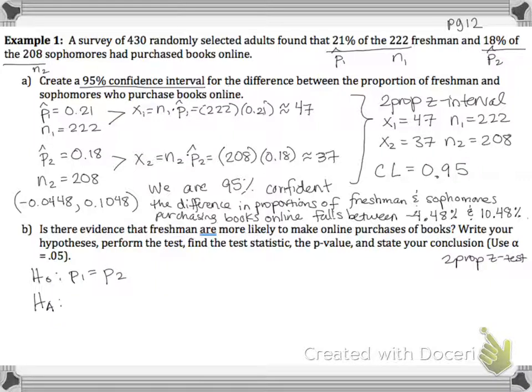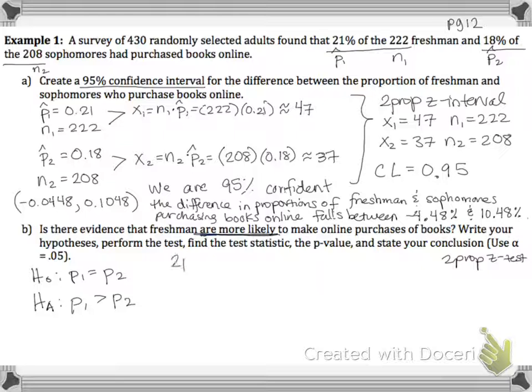And then we're going to try to figure out where the direction comes from. Is there evidence that freshmen are more likely? Awesome. So more likely means that the freshmen would have a higher proportion than the sophomores. And the freshmen are indeed our first group, so we will call them group 1. They already came first in the sentence, and so we believe that they have a higher proportion to purchase books online.